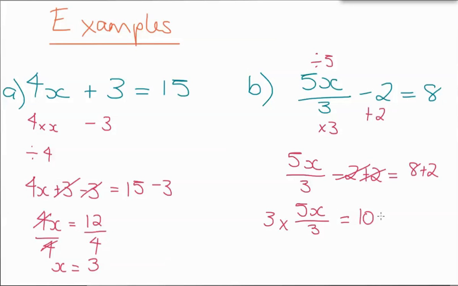So if we do that over here, also on this side, these cancel out, so we end up with 5x equals 30. Now to get rid of this times by 5, we divide by 5, how we set up here. Divide by 5, and over on the other side as well. These cancel out, so we end up with x equals 30 divided by 5.